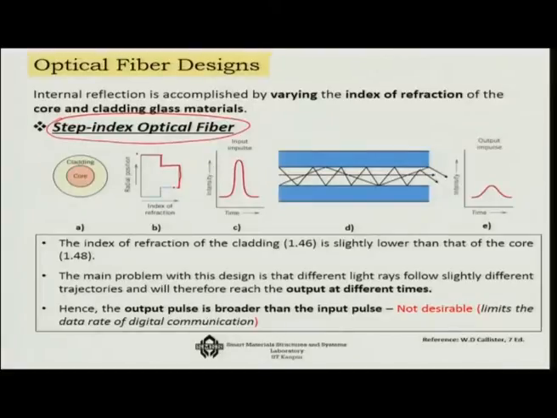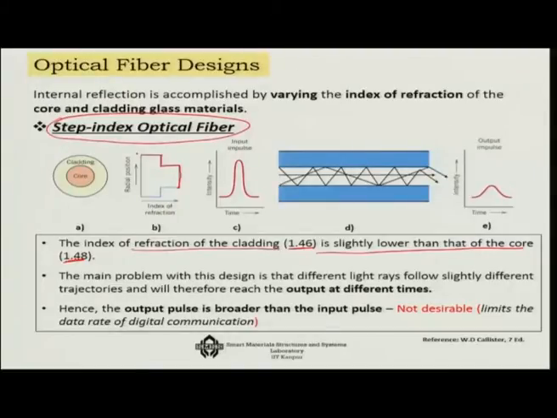Now, the problem with the step index is that the index of refraction of the cladding is of course slightly lower than that of the core, that is fine. If one is 1.46 and the core is 1.48, otherwise the total internal reflection will not take place.